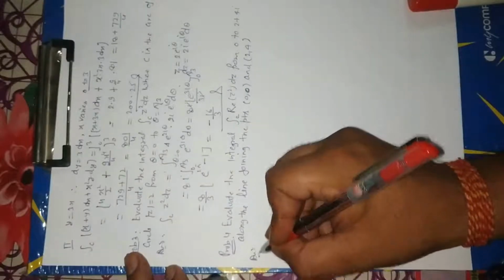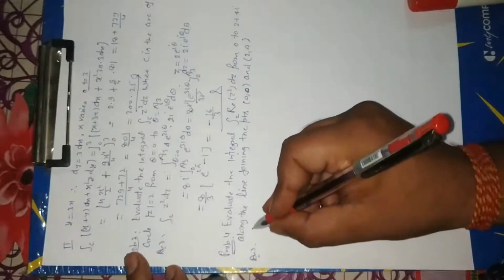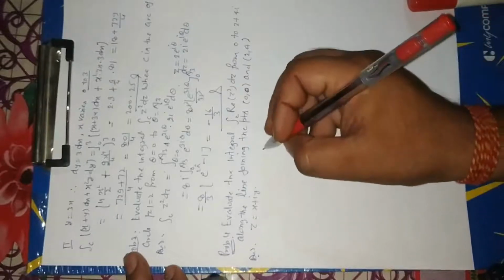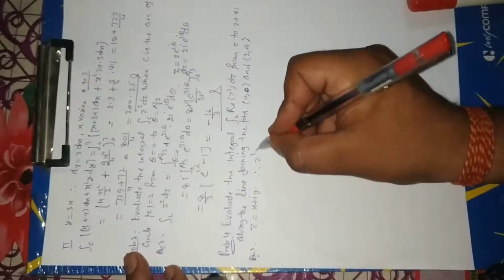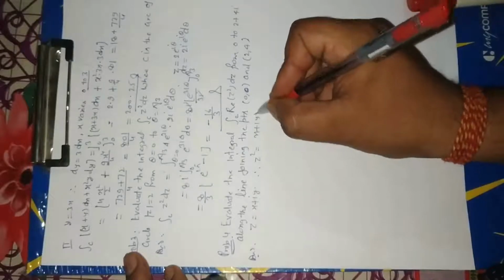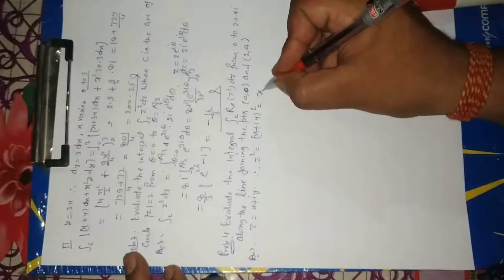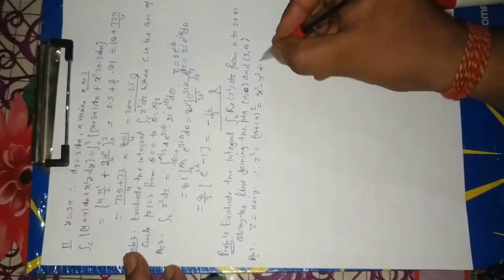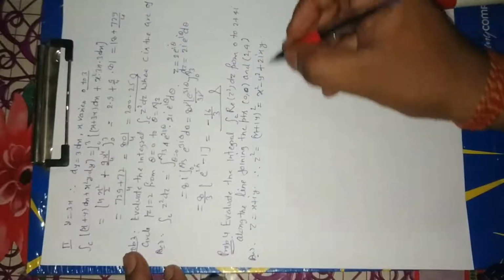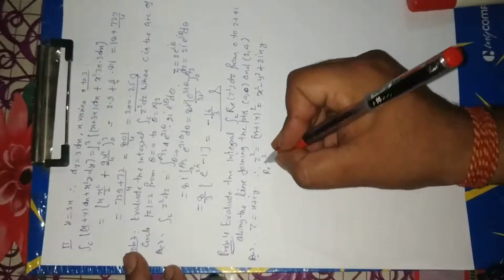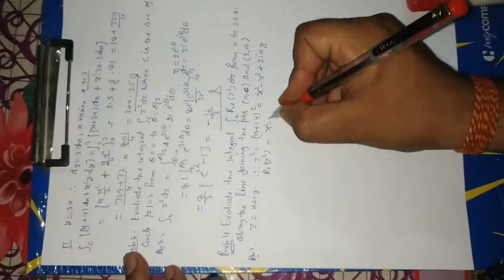Now answer. Since z equal to x plus iy, therefore z square equal to (x plus iy) whole square, that is x square minus y square plus 2ixy. Taking the real part of z square, this is equal to x square minus y square.